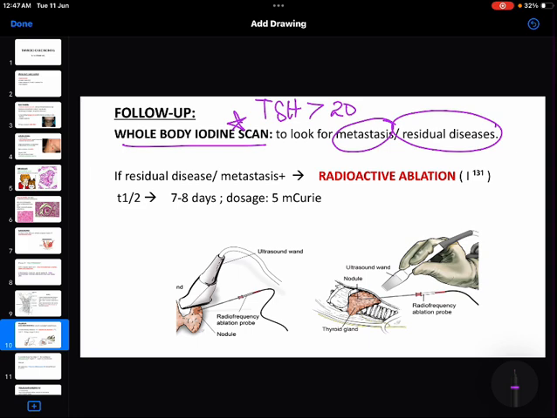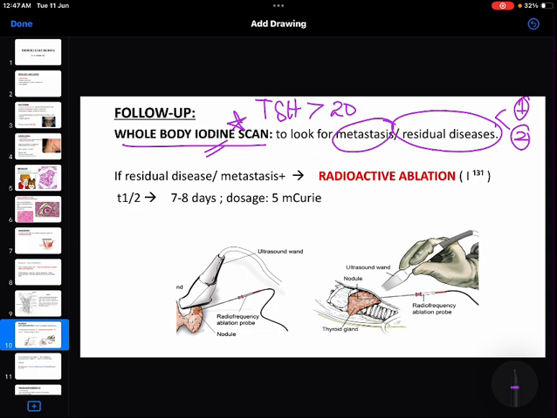For making this level more than 20, we have two methods. One is the traditional method and the other one is the recent method. In the traditional method, we make any residual thyroid tissue or metastatic tissue starve for iodine, so that when we perform the iodine scan, they will take up the iodine and we can identify the metastasis or residual disease.